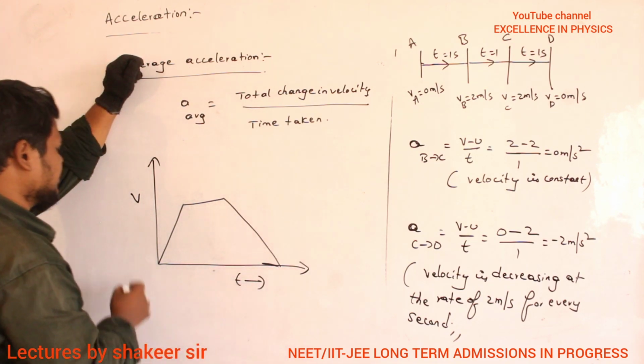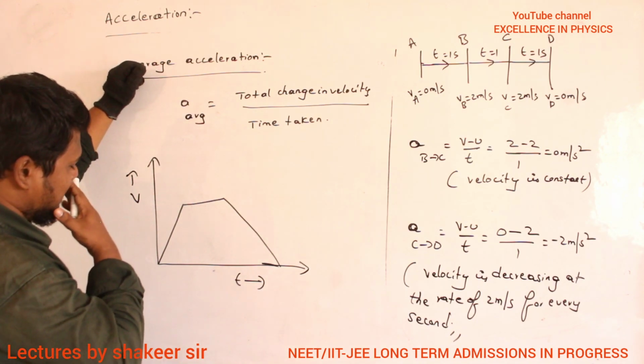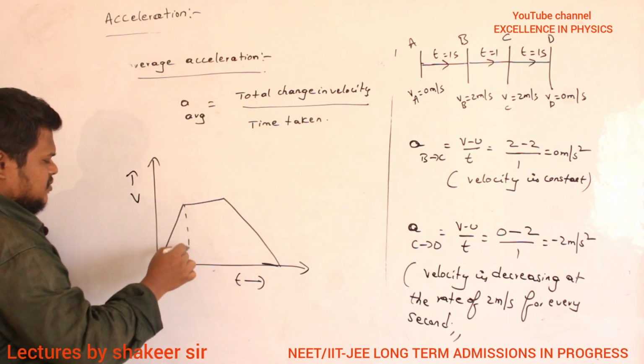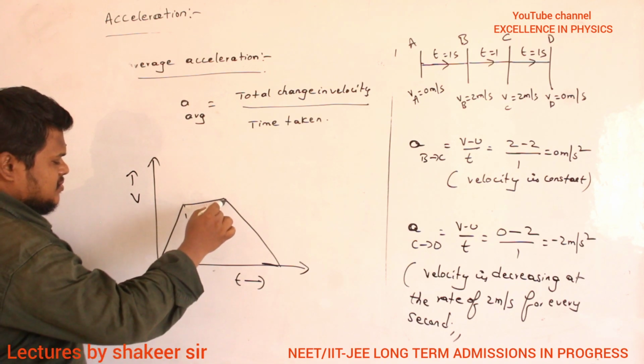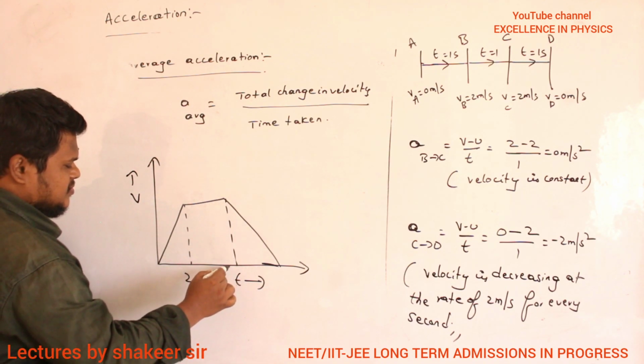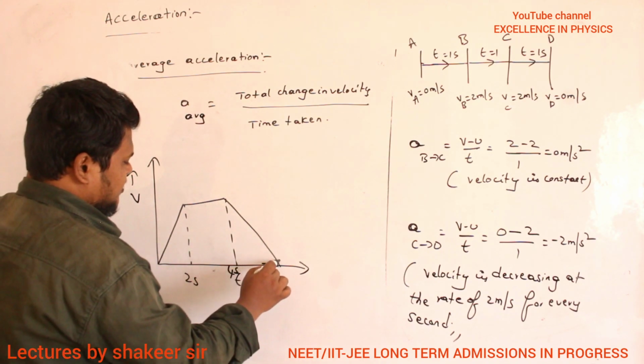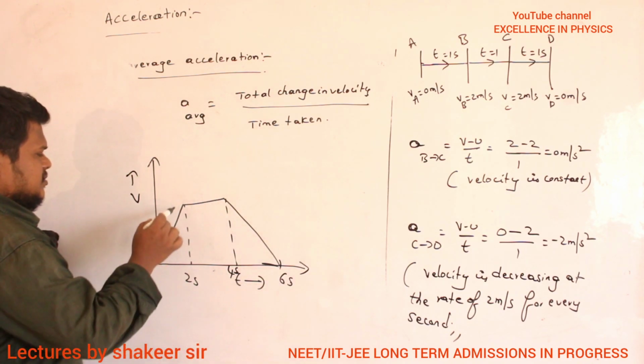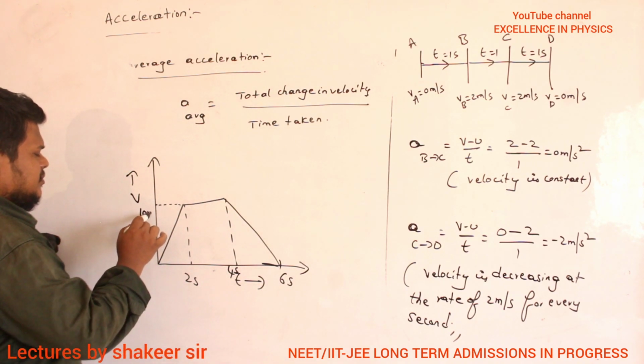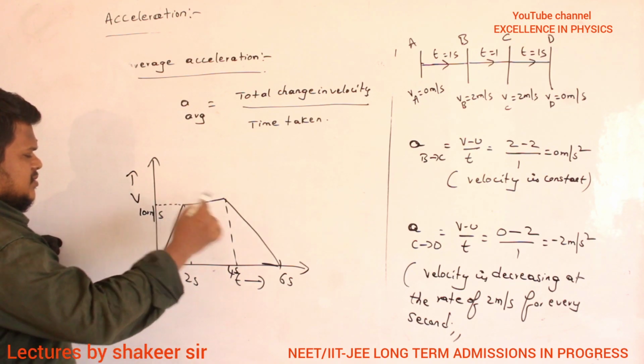So on the x-axis we are taking time, on the y-axis we are taking velocity. Here the time interval, let it be 2 seconds, here let it be 4 seconds, and here let it be 6 seconds. Here the velocity is 10 meter per second. So this is the graph which is given.